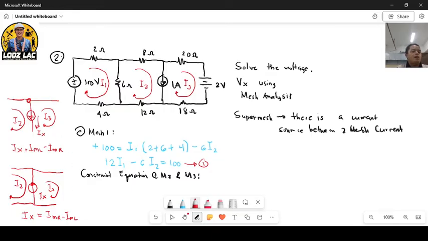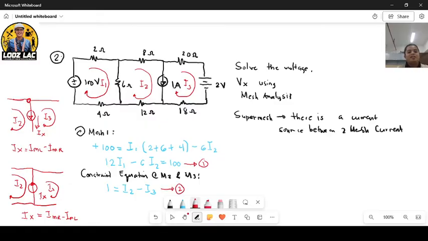So when downward, left minus right. When the current direction is upward, right minus left. For this given, since the direction is downward, by Cañete's principle, left minus right. Therefore, 1 ampere is equal to I sub 2 minus I sub 3. This is my equation 2.